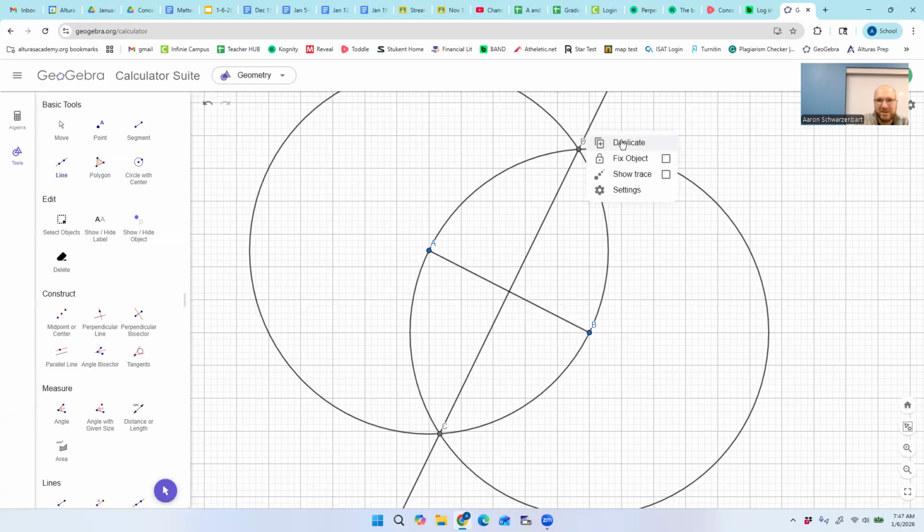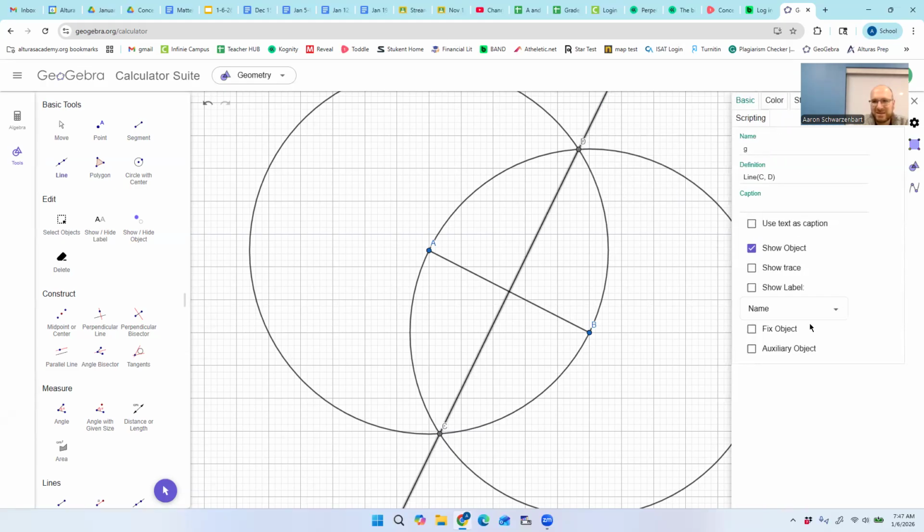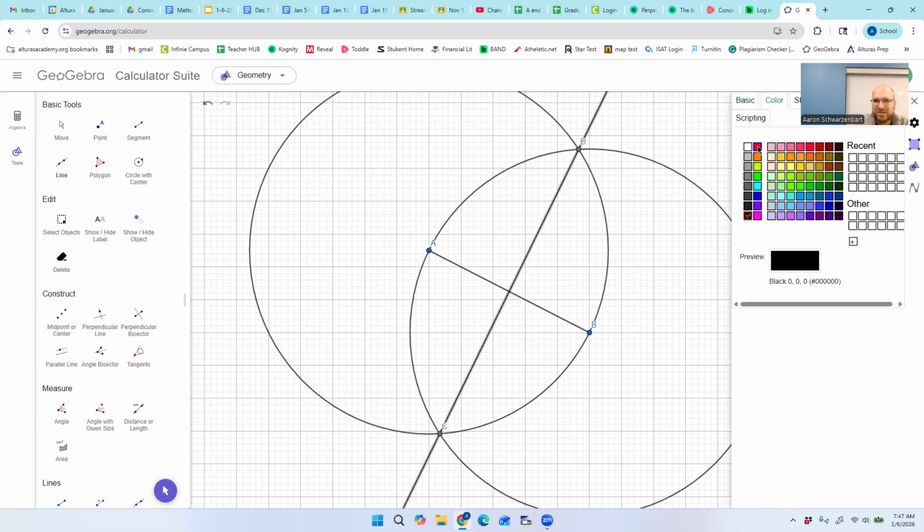If I click on that line and go to settings and click up here on the color tab, I can change the color if I want. There's my perpendicular bisector. It does go to the midpoint.